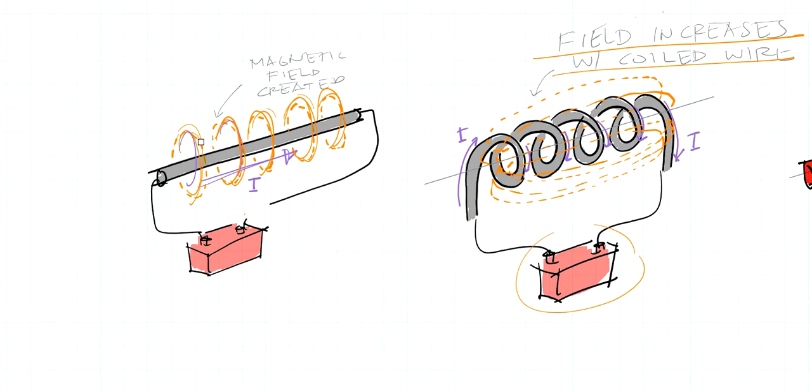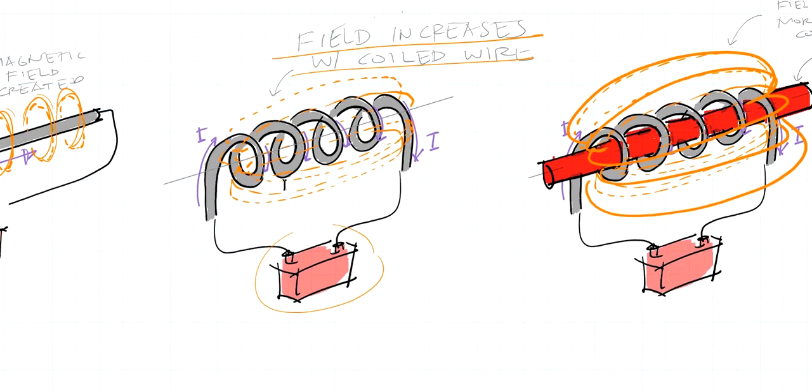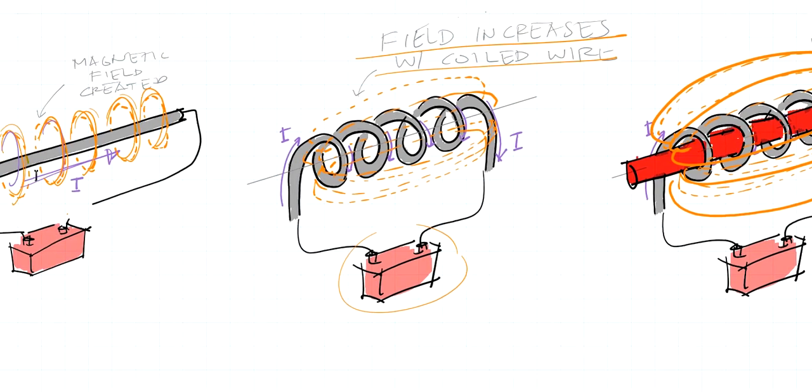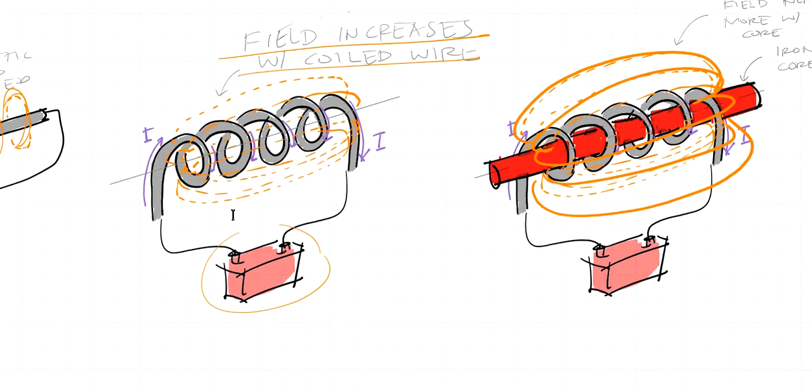It was also found that when they coil a wire, instead of just having a pure straight wire, by coiling a wire, the magnetic field actually increases. Here's the magnetic field, so it increases.